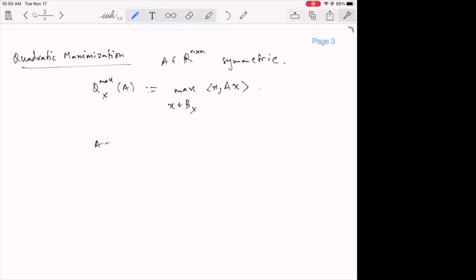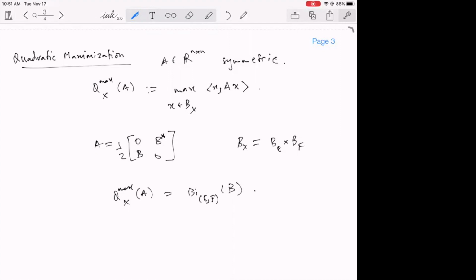If I take A as the following block matrix, half times 0, 0, B star B, and I define the norm X by its unit ball, which I define as the Cartesian product of BE and BF, then I actually just get that Q max X of A is equal to the bilinear maximum E comma F of B. So quadratic maximization is more general in this sense.